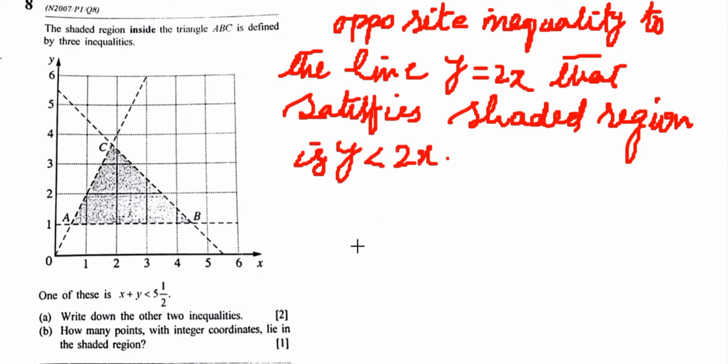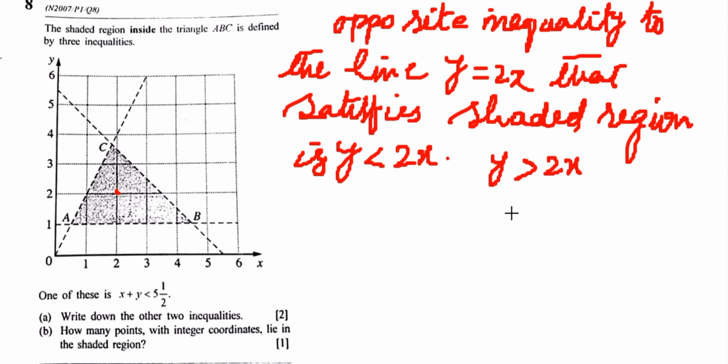Again, suppose you mistakenly take y greater than 2x, you can verify it by taking any point in this region. Suppose you take this point from this region, the coordinate of this point is (2, 2).